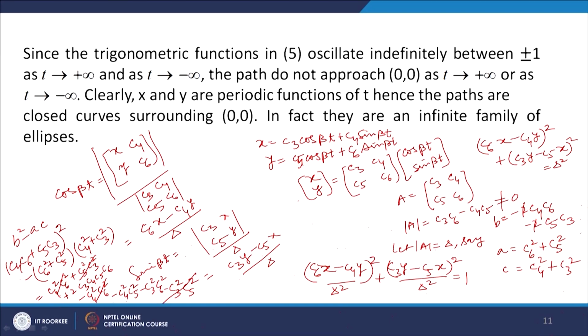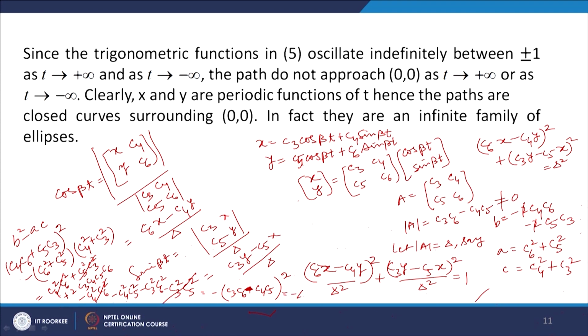So, what we get now is minus (C3 C6 plus C4 C5)... I think it is negative here. This can be written as minus (C3 C6 minus C4 C5) whole square, and C3 C6 minus C4 C5 is delta.